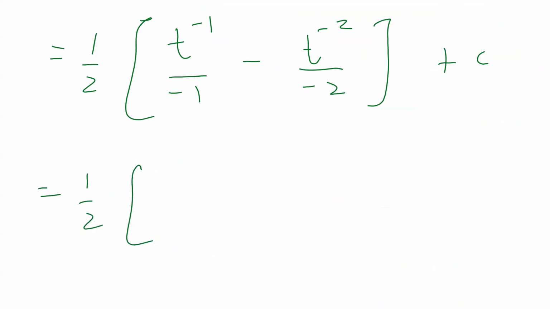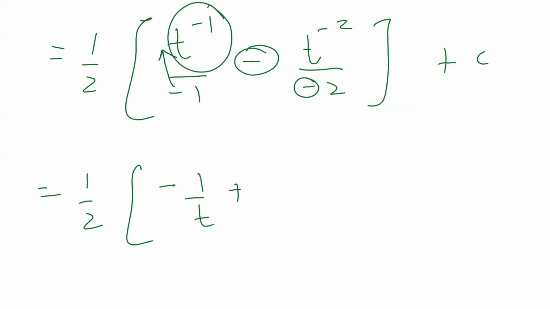So half, this minus goes up and t raised to minus 1 comes down, 1 upon t. Now this minus into this minus is plus, and 1 upon t square. Now after this, please resubstitute the value of t.